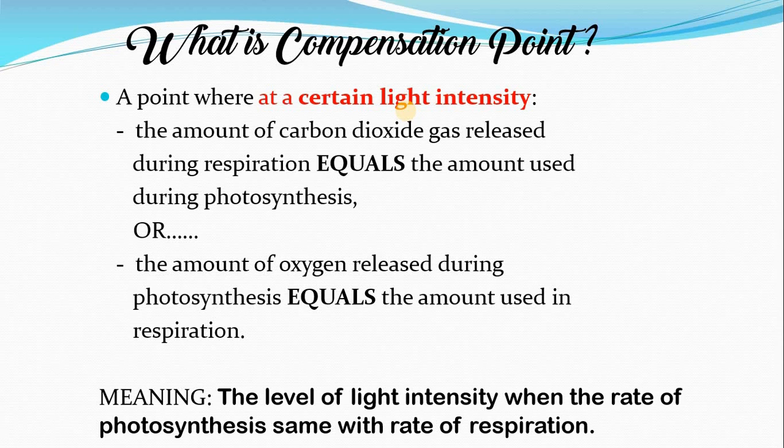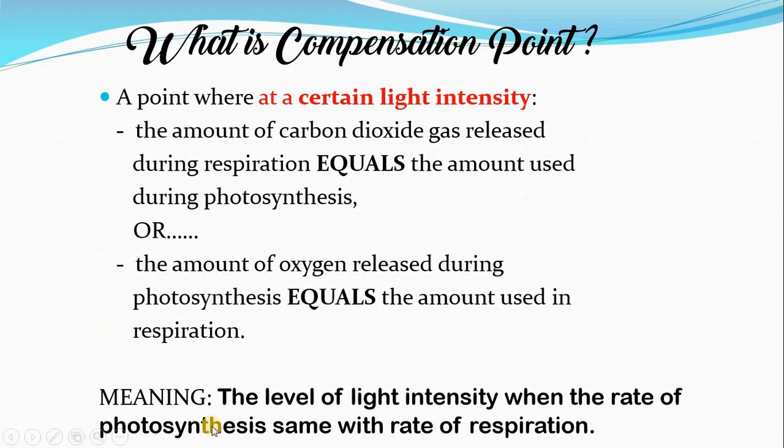So released during respiration and used during photosynthesis, or the amount of oxygen released during photosynthesis equals the amount of oxygen used in respiration. So that is a compensation point.